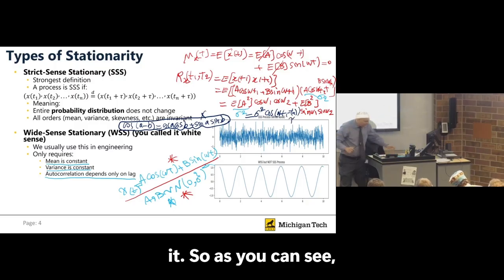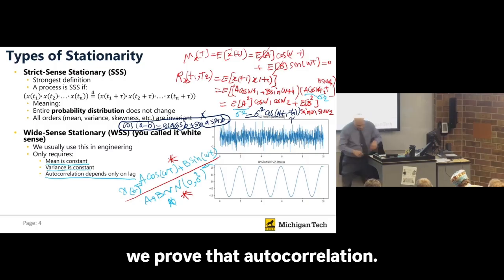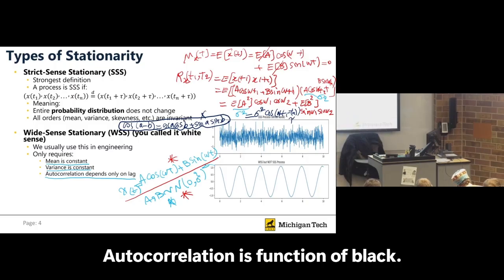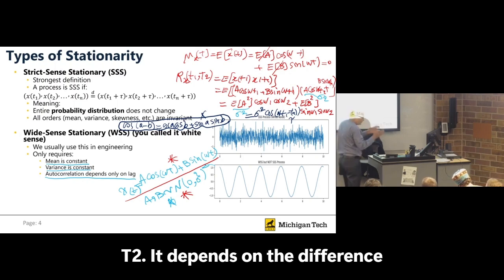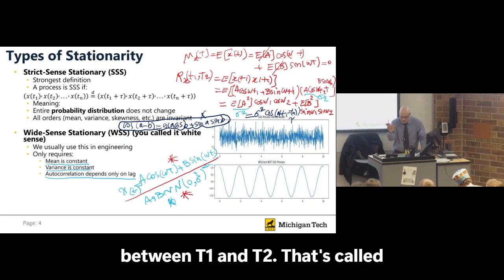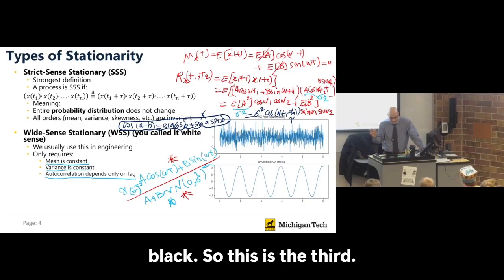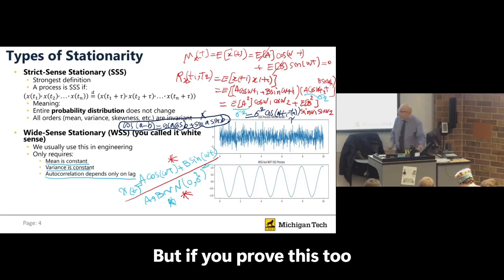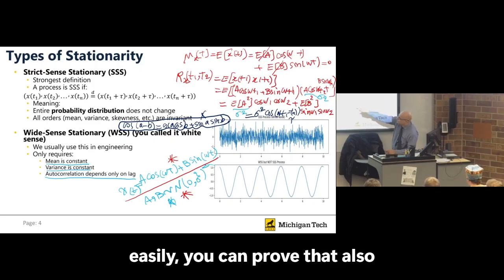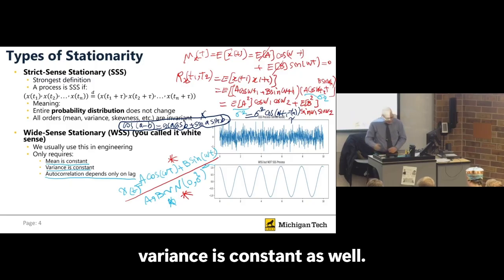So as you can see, we proved that autocorrelation is a function of lag. It doesn't depend on T1 or T2. It depends on the difference between T1 and T2, which is called lag. So this is the third characteristic. But if you prove these two, you can easily prove that the variance is constant as well.